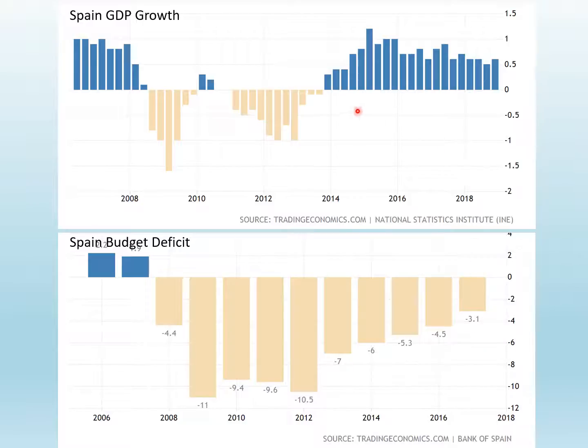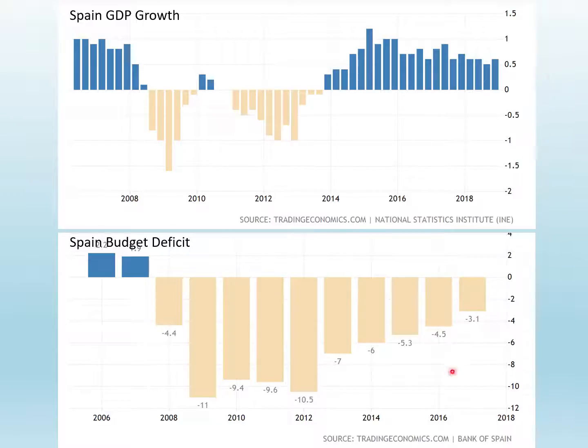At the same time, and there are many reasons for this, but one of the reasons is pure good fortune, even in the face of the austerity and even in the face of a reducing budget deficit, the Spanish economy began to grow for various reasons which are beyond this conversation.